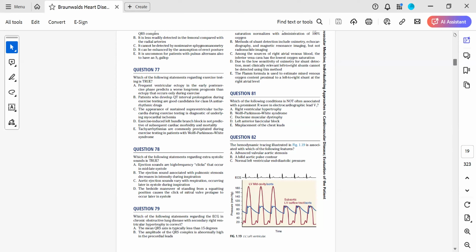So the background here is that, as we can see, in the LV mid cavity there's a disparity between what is measured for the left ventricle in the mid cavity and what is measured in the aorta. The LV mid cavity pressure is way higher than that of the aorta.